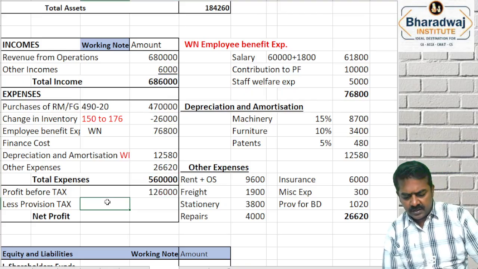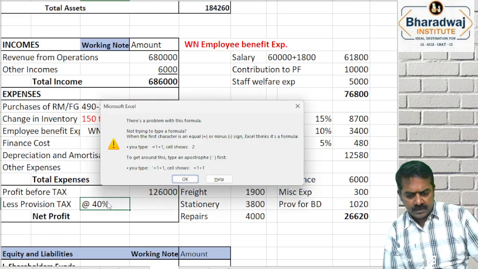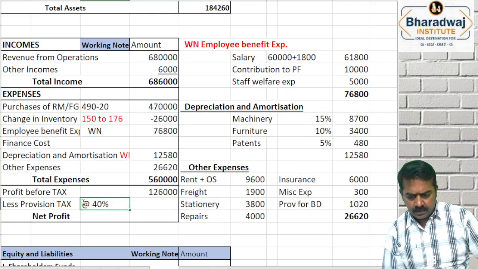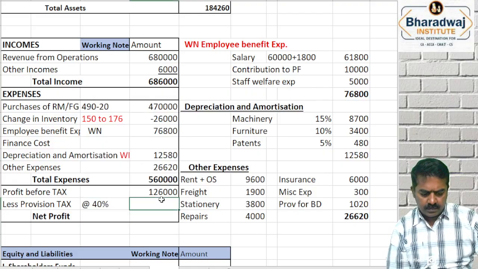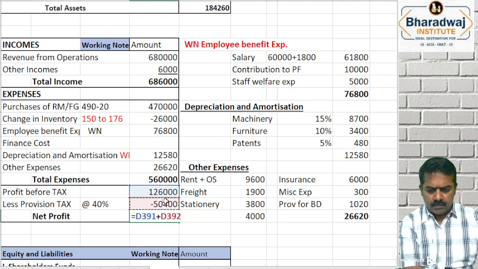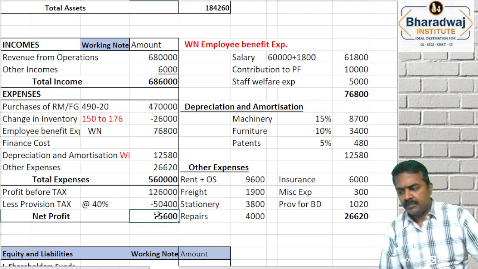Provision for tax at the rate of what percentage? 40%. Net profit 75,600 will come.